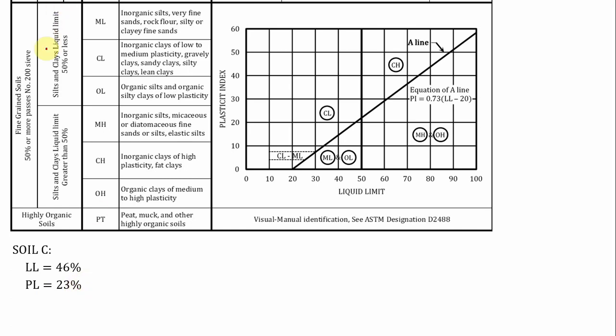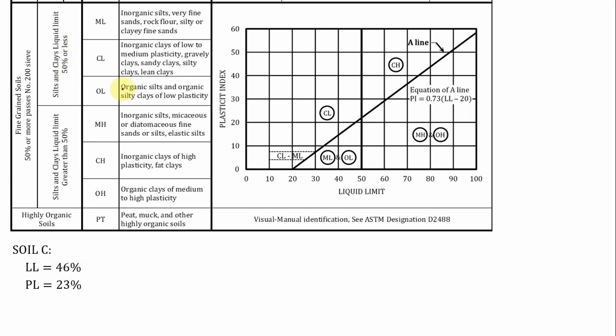Okay, in fine grain soil, there are two main subcategories: silts and clays with liquid limit 50% or less, or greater than 50%. Since it is 46%, where does it belong? It belongs here, class, to 50% or less, because 46 is less than 50%.